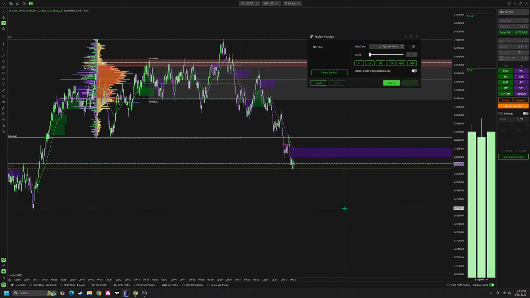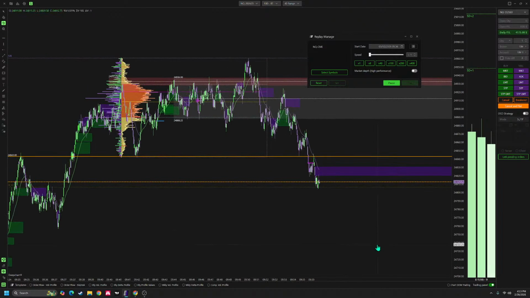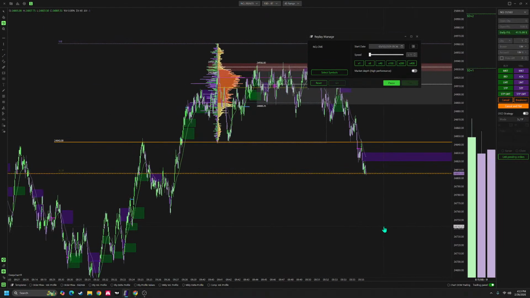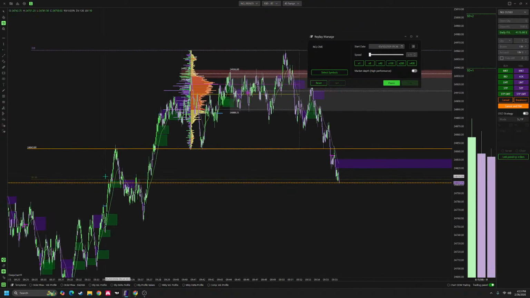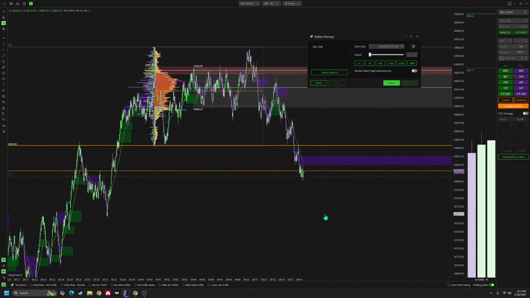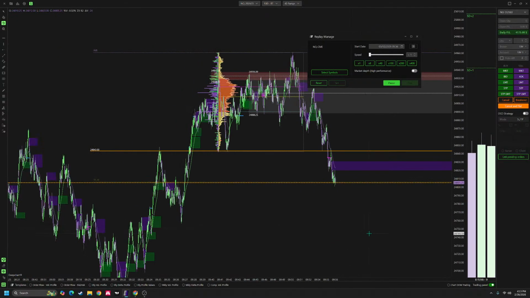You take a few L's, you start to get a little hesitant, even in backtesting. So this is another move, but since we're at about that 50% range of the initial balance, I think we're going to do some consolidation here before we make another move.